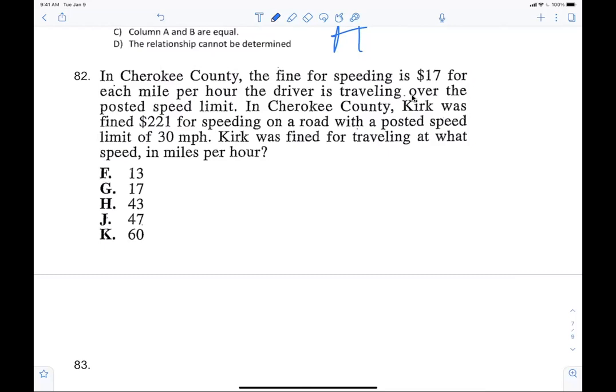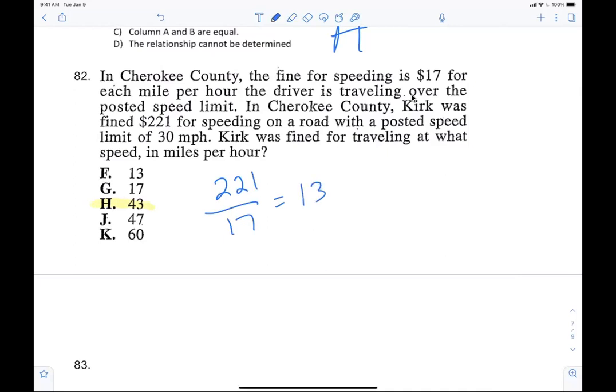Oh, wait, 43. Why? You got to tell me why. Remember, I'm always interested in why, not just the answer. I'm going to highlight 43 because that's what you said, but you still have to tell me. Because, wait, so he would have been going 17 times 13 is 221. Wow, thank you very much. So essentially what you would have told me was 221 divided by 17 is 13, correct?